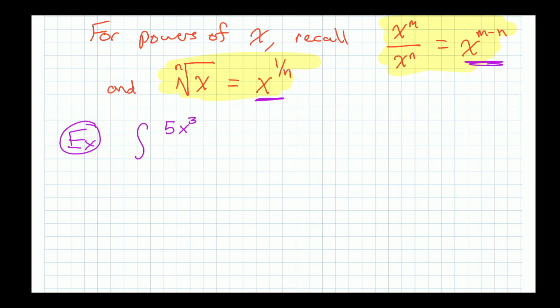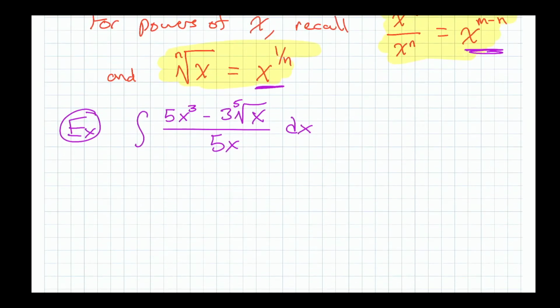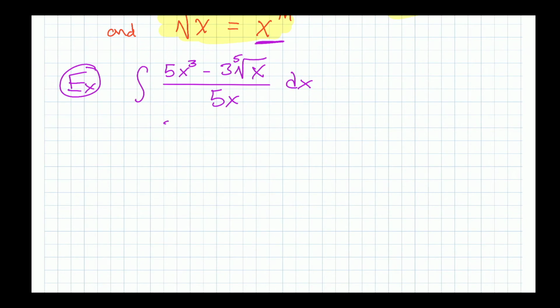5x to the 3 minus 3 fifth root of x, okay, we're getting fancy, over 5x dx. So the idea is we're going to try to apply these rules. What we're going to do is split this up into two fractions.